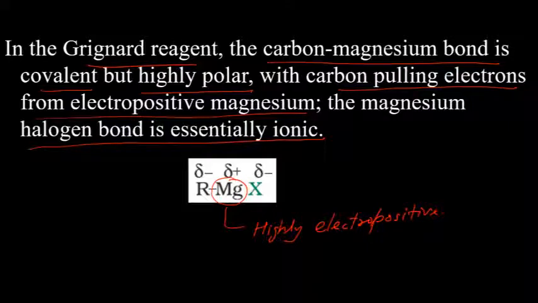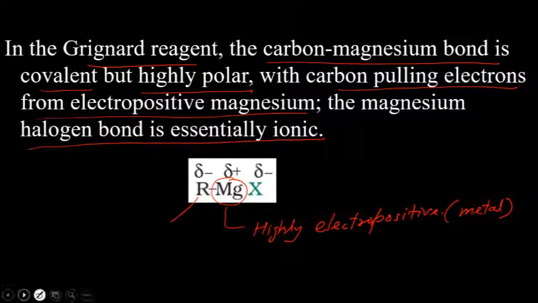Much more than carbon. Why? Because it's a metal. Metals are highly electropositive, much more than carbon. It means carbon comparatively is electronegative as compared to magnesium.